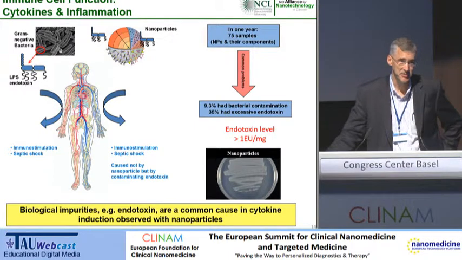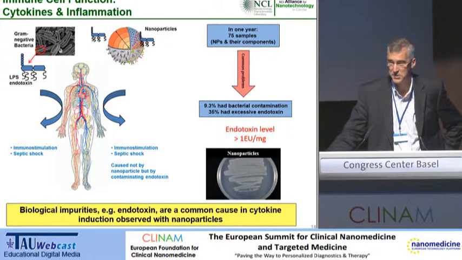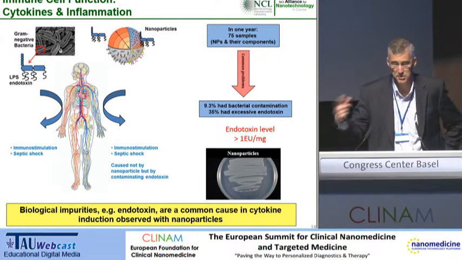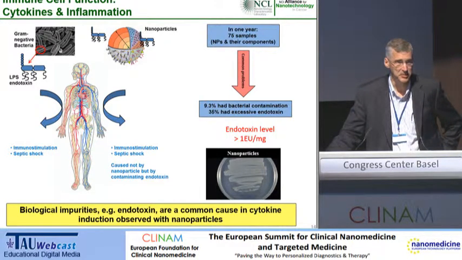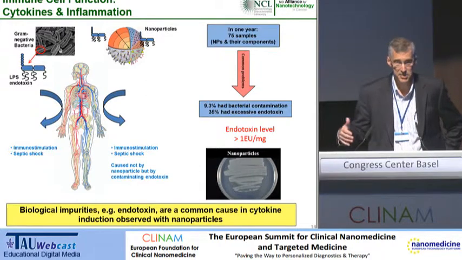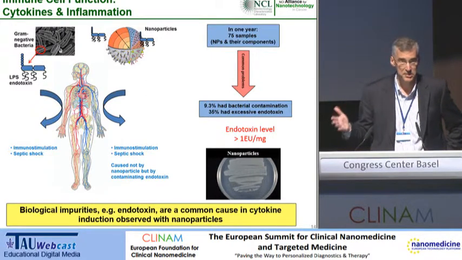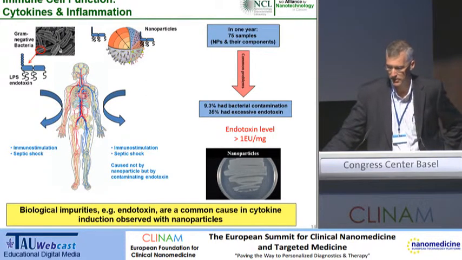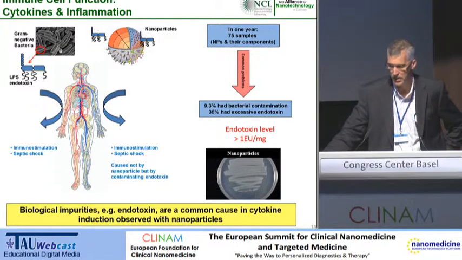Now, endotoxin is a very powerful ligand for the immune system. Our immune system gets charged up if we think that there's a bacterial contamination, and endotoxin is a derivative of the bacterial cell wall. So just as a word of caution, make sure that you use pyrogen-free glassware and go to great lengths to avoid endotoxin contamination.